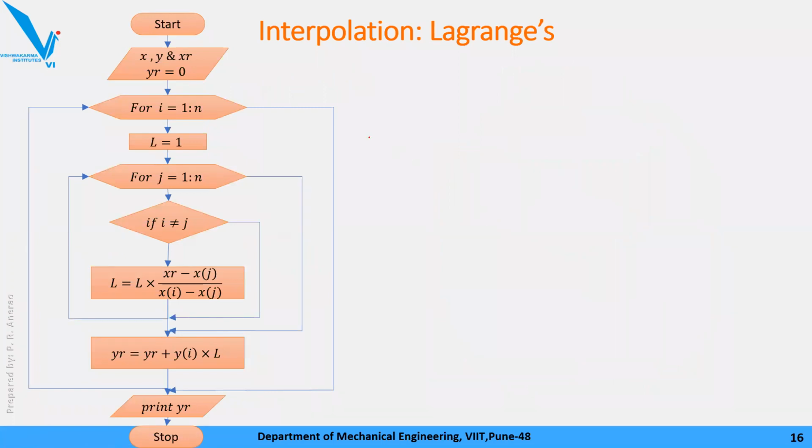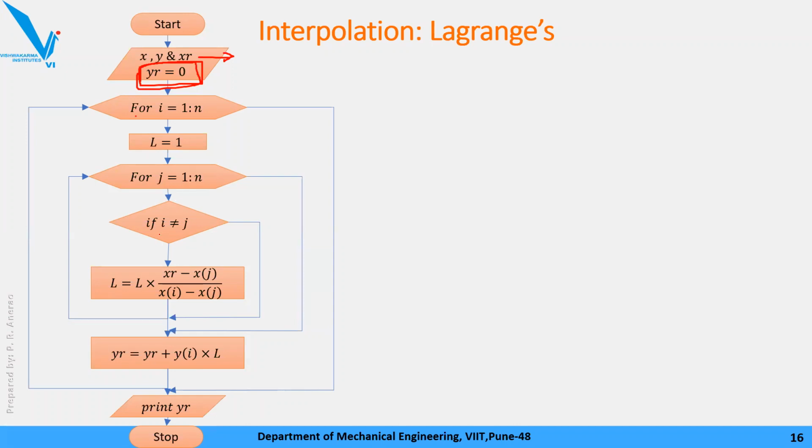So quick recap. These three are input. This YR, sorry for that, YR should be equal to 0. No need to have an input as a YR. Then for loop 1 to n, assign L equal to 1. J loop will start from 1 to n.